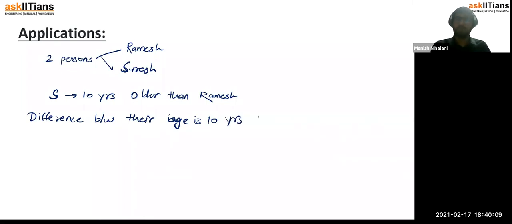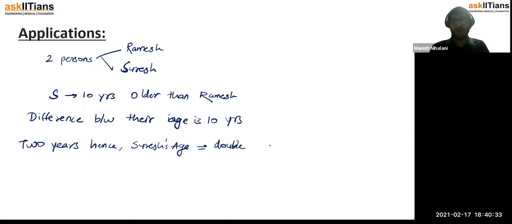Now if you know some other information, let's say 2 years hence. What do you mean by 2 years hence? It means after 2 years, Suresh's age will be double that of Ramesh's age.